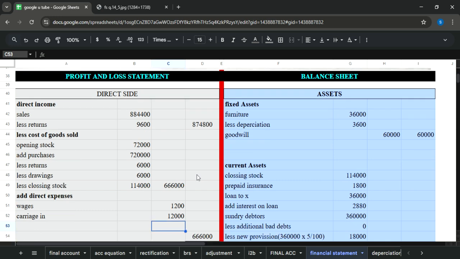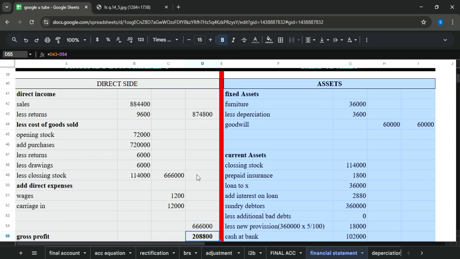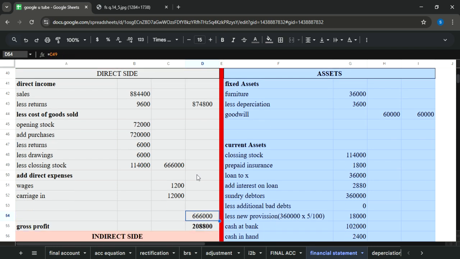After this, we are now ready to calculate our cost of goods sold in total. This was 66,600. Then you will add direct expenses. First direct expense was 1,200, and then you will add the second direct expense, 12,000.